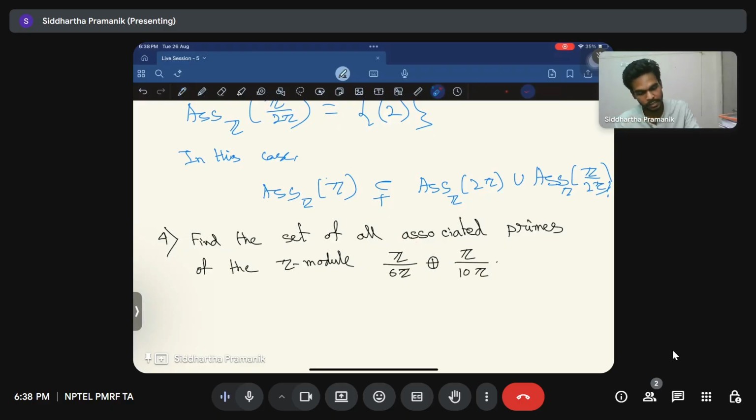So Z mod 6Z and Z mod 10Z are Z-modules, so their direct sum is also a Z-module. So what will be the set of all associated primes of this direct sum?